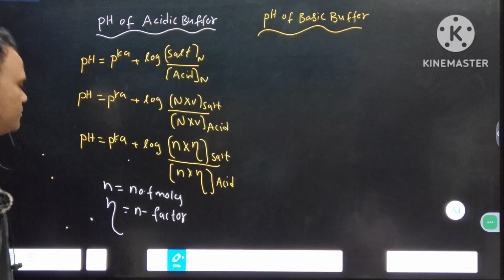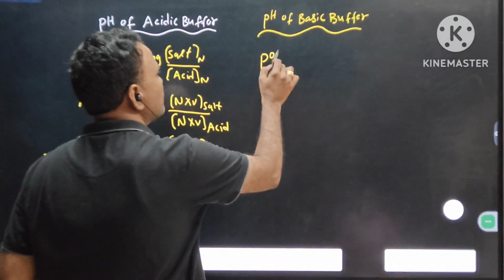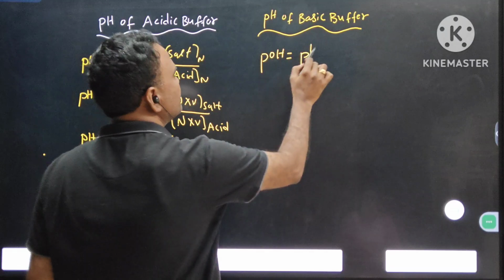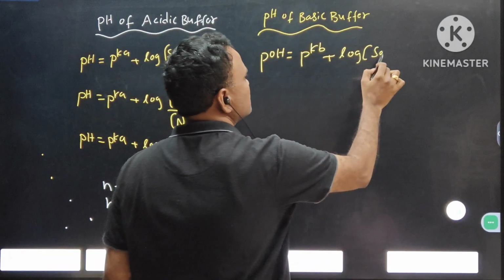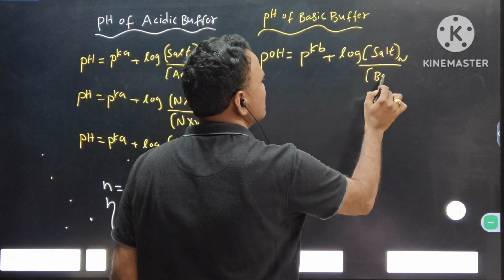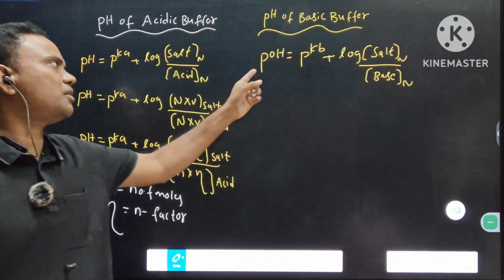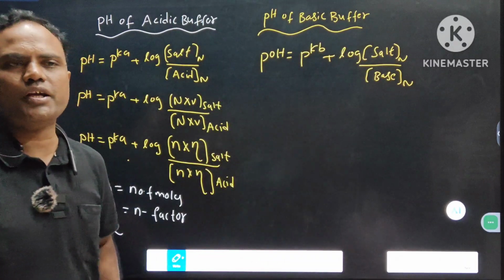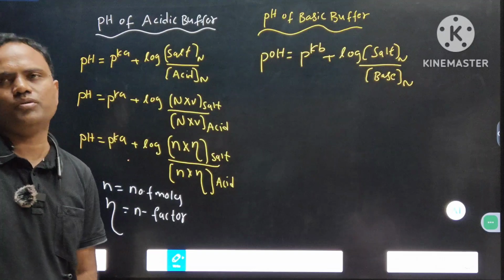Right. Coming to the basic buffer. pOH is equal to pKb plus log salt by base. But what is our heading? pH. But in the formula what is there? pOH. After getting pOH we will do 14 minus pOH.